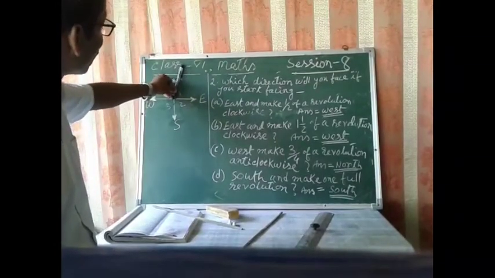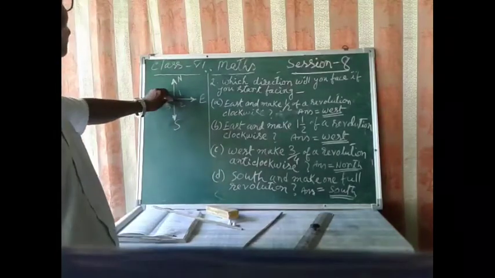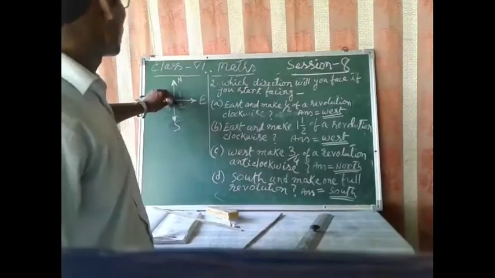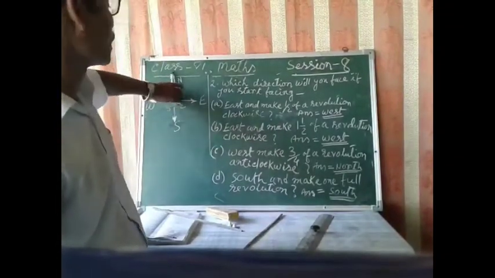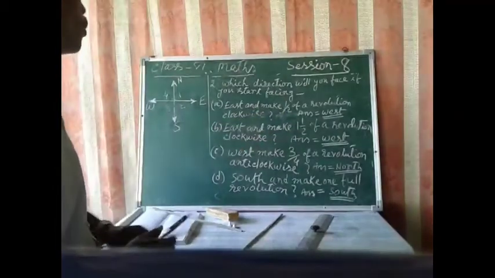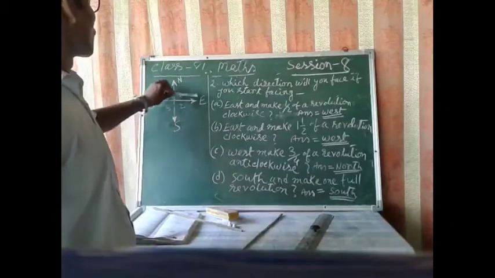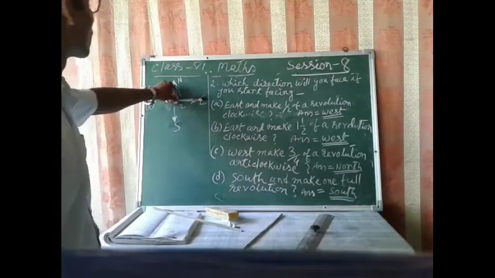Facing north, if you move the first, second and third quadrants, it is called 3/4 of a revolution. And when you move all quadrants, it is called 1 revolution.